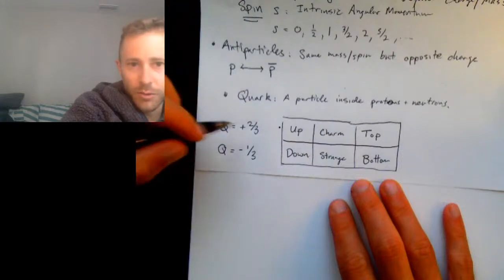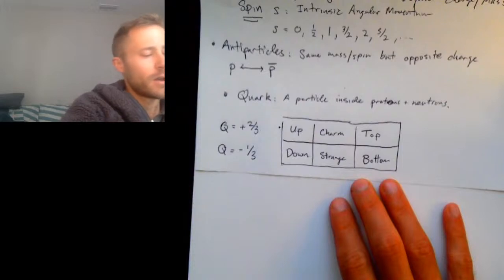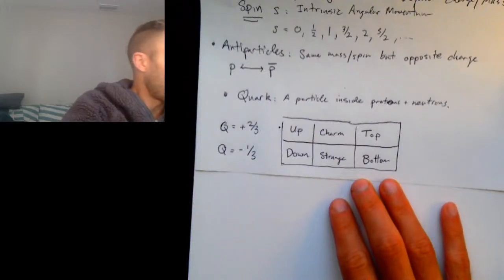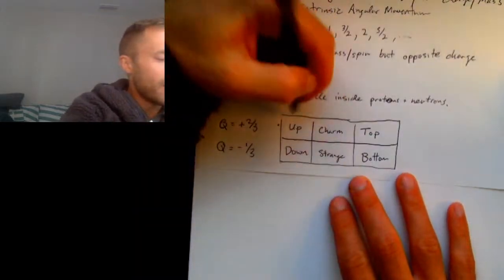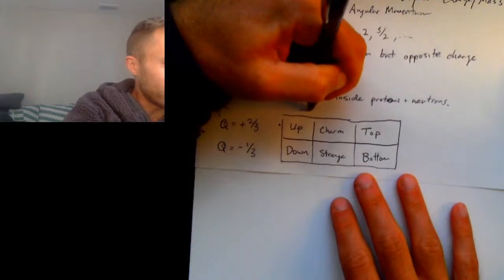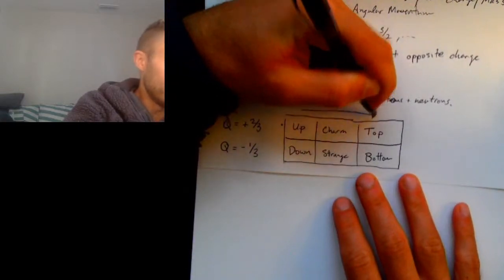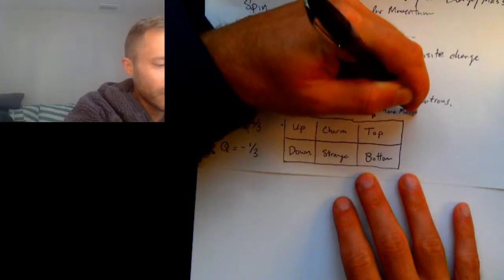I lied. Quarks have a fraction of a fundamental charge. Okay? And then as you move to the right here, you get more massive. Okay?